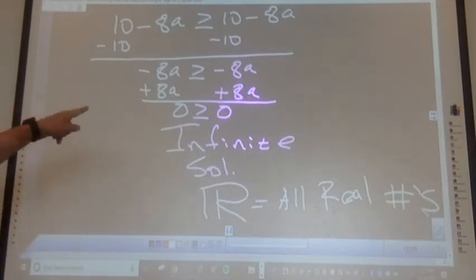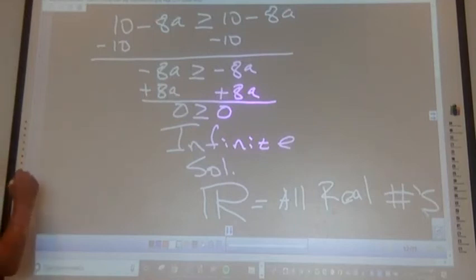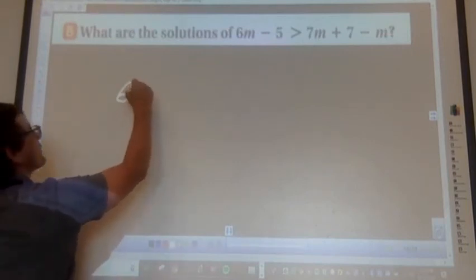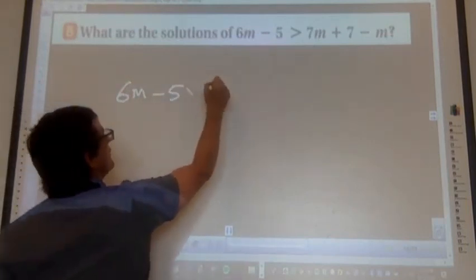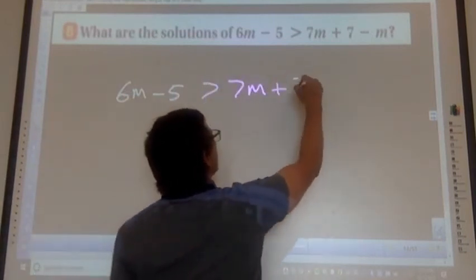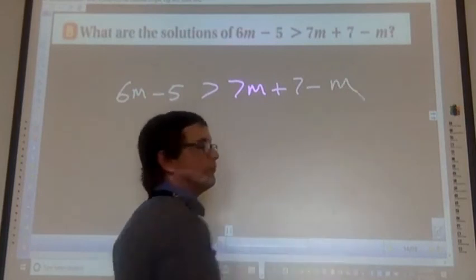So that one was infinite. Shockingly, I bet our next one will be no solution, but who knows? Could be one solution. So let's do this one. 6m minus 5 greater than 7m plus 7 minus m.